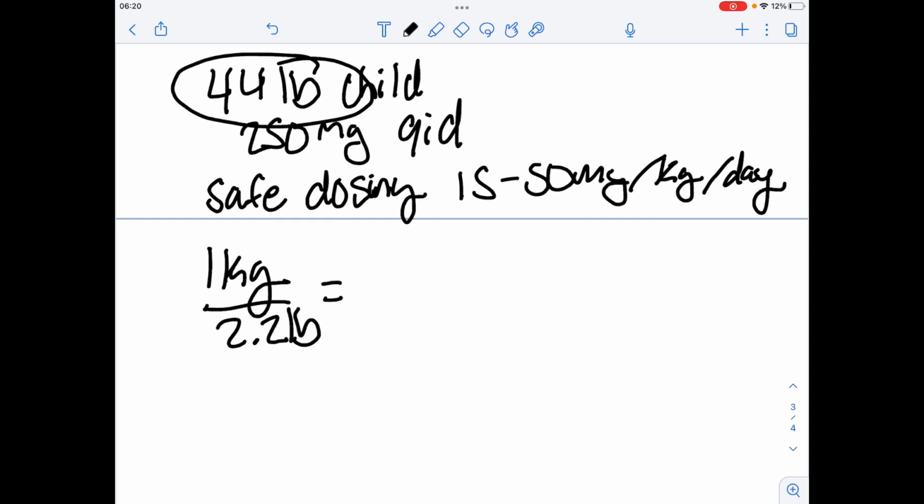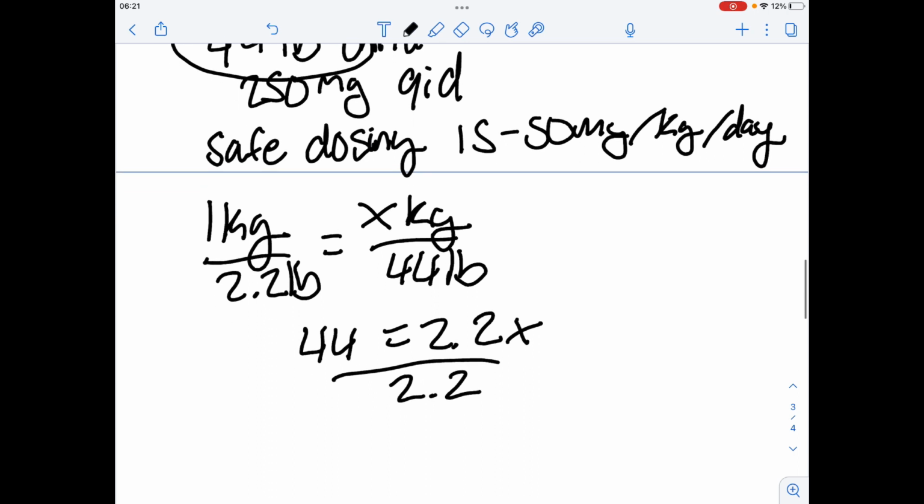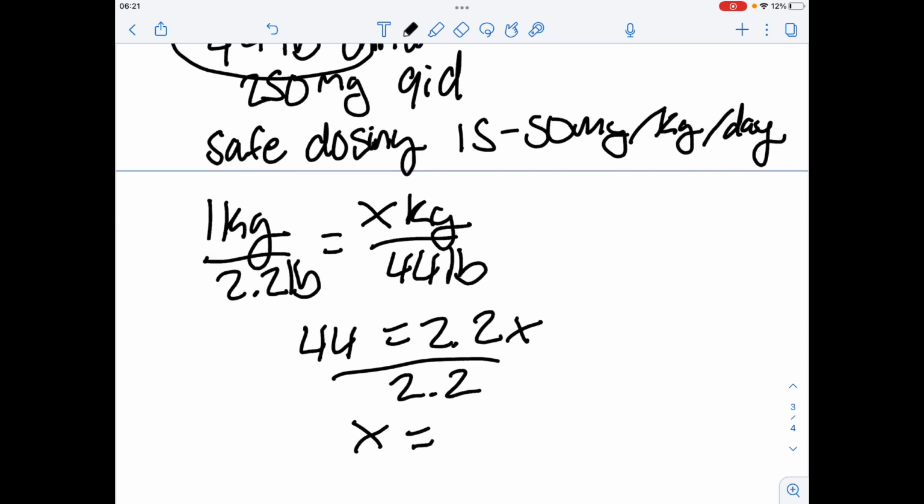Set that equal X kilogram, because that's what we're trying to find, to 44 lb, which I get from the weight of the child. If I cross multiply, we get 44 equals 2.2x. Divide both sides by 2.2, and we get x equals 20 kg.